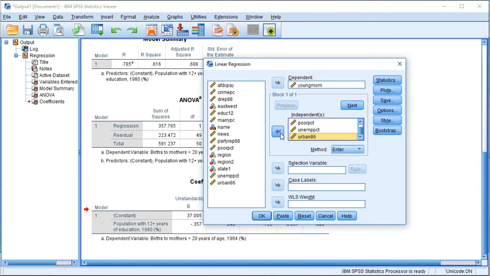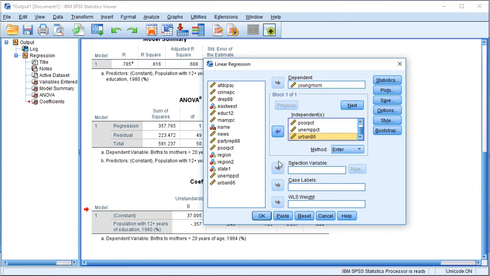Now you notice as I enter the variables, it just puts them in the order in which I enter them. If I wanted to display the coefficients in a different order, I can go back and change that order by bringing them in one at a time in a different order. But as we scroll down, we can see all the variables we have in our model.